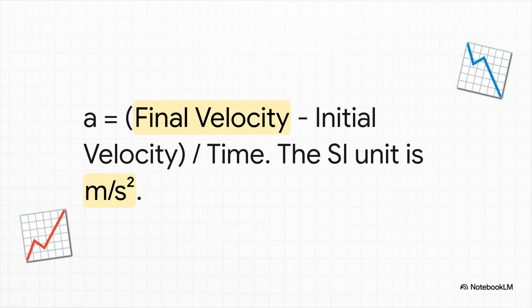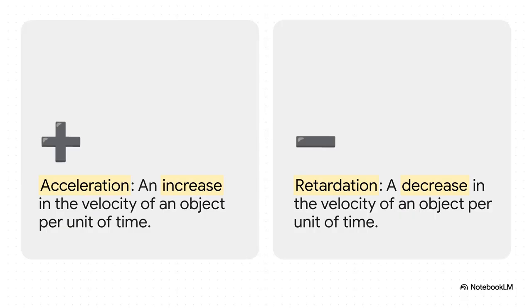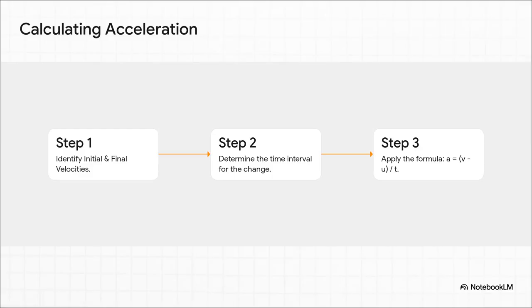Kind of neat, right? Now, when we say acceleration, most of us think of flooring it in a car, speeding up. But what about slowing down? Well, in physics, slowing down is just negative acceleration. It even has its own names: retardation, or what we more commonly call deceleration. It's the same idea, just pushing against the direction you're moving. So how do you actually calculate this stuff?